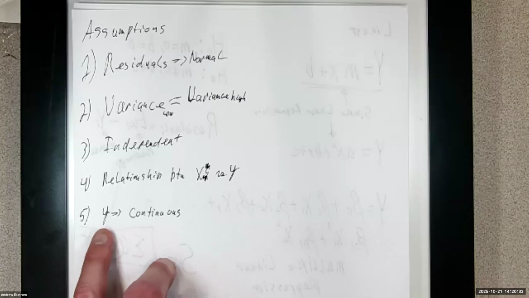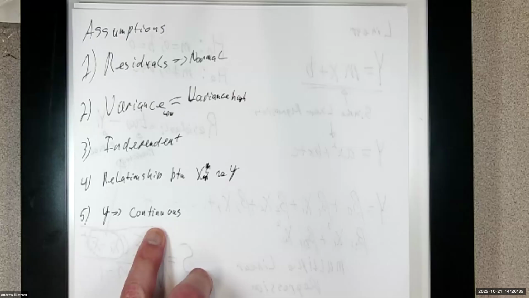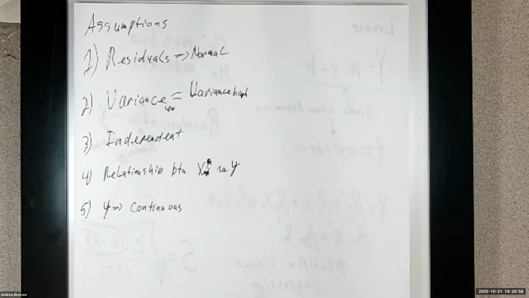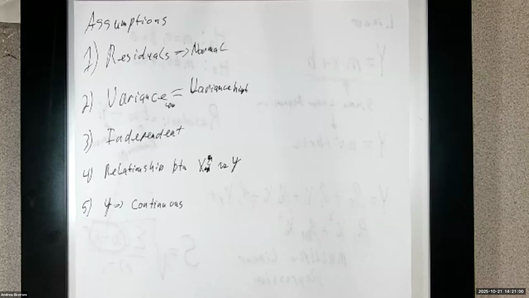But for what we're going to be talking about for the next couple of weeks, we assume that y is continuous. So again, y is going to have decimal values. Those values can be positive, they can be negative. So if we're looking at putting a whole bunch of people on some sort of diet and exercise regimen, it's possible that some people are going to lose some weight.